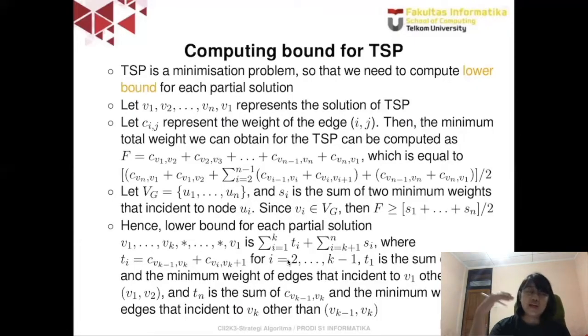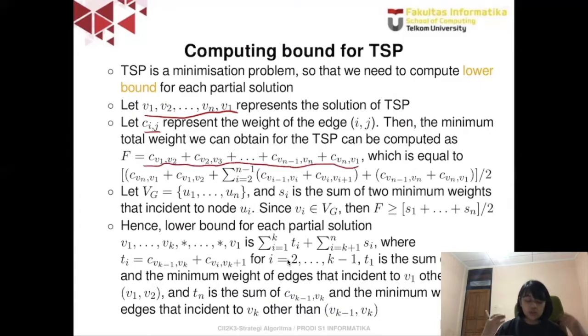So let us consider a TSP that already has a solution V1, V2, and so on until Vn and V1. Then, if Cij represents the weight of the edge from i to j, then the minimum total weight for the TSP problem is F, like this.